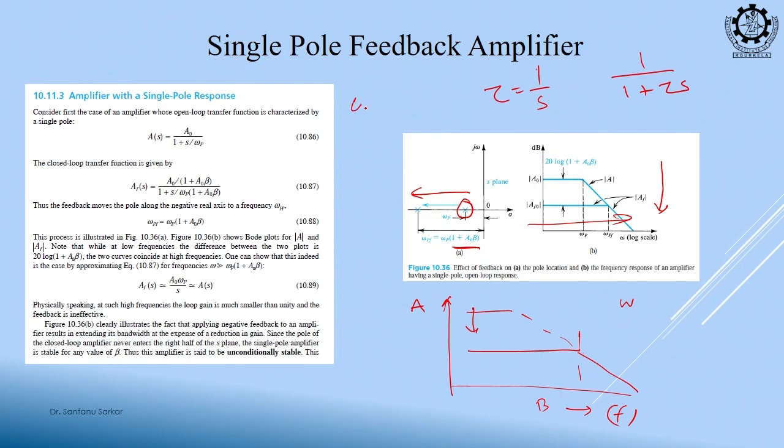Your closed loop bandwidth omega pf is increased by 1 plus A beta. So my gain is reduced, but my frequency is increased, right.